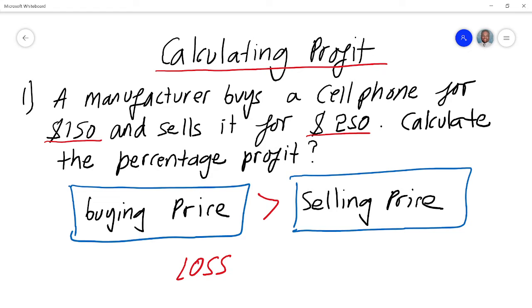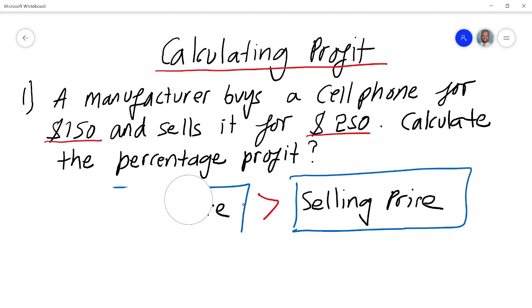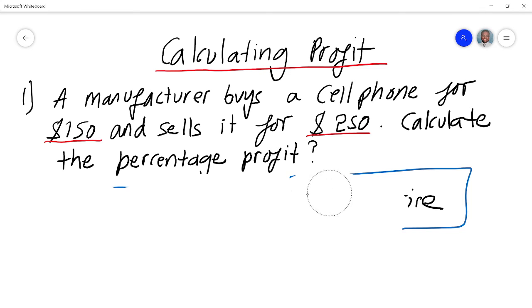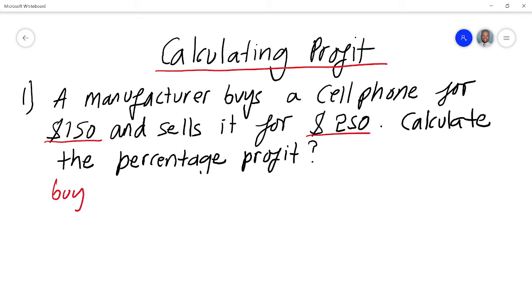So let's look at this question. I just wanted to give you a brief introduction to profit and loss in terms of selling and buying price. If you look at the situation here, the person buys a cell phone for $150. So if you write that down, that's my buying price.